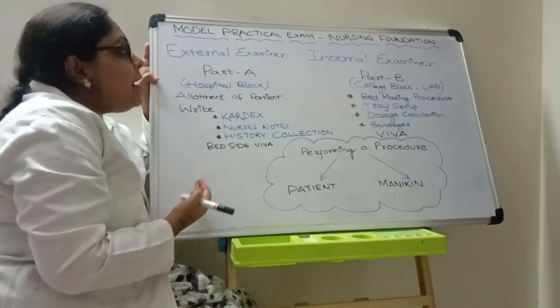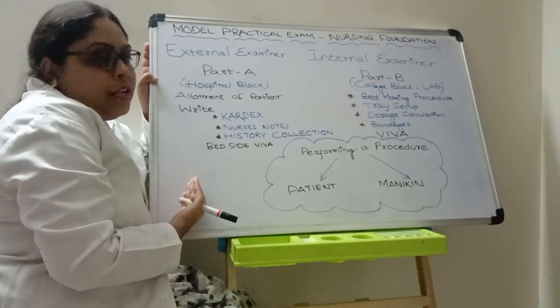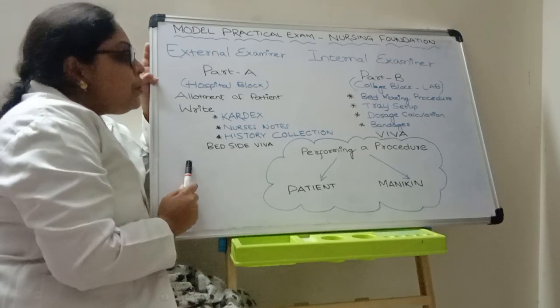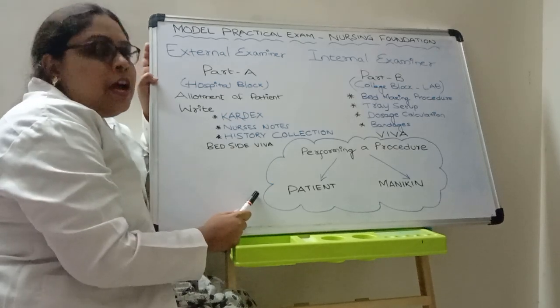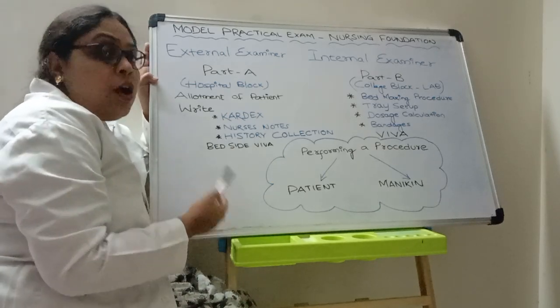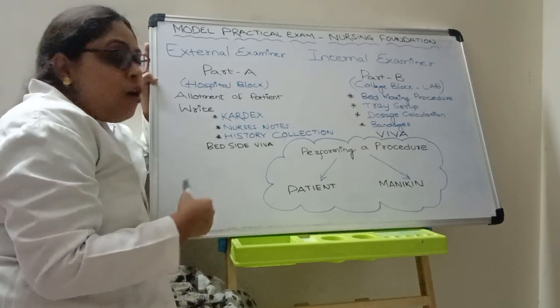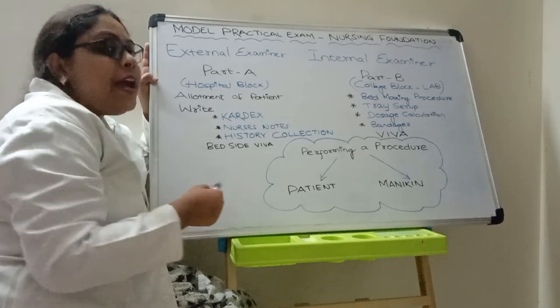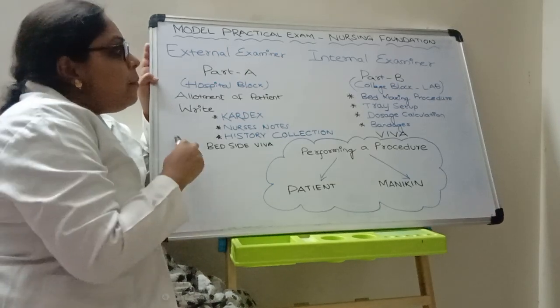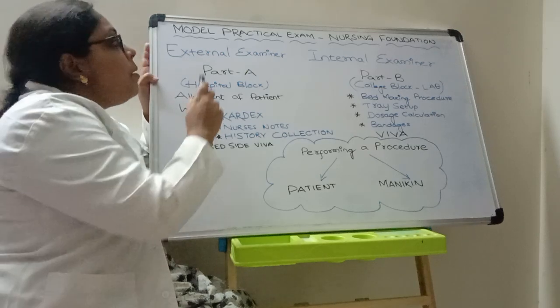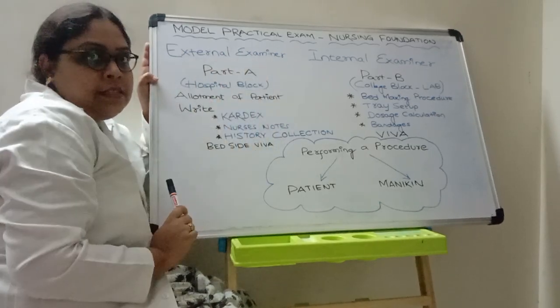So if it is planned in part A, that is hospital block, then you have to do the procedure on the allotted patient like hair care, nail care, mouth care or vital signs checking like TPR or checking the BP, etc. According to the patient's need, you have to do the procedure before the examiners.